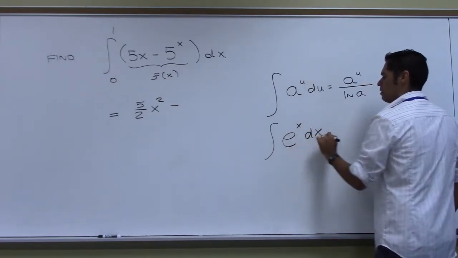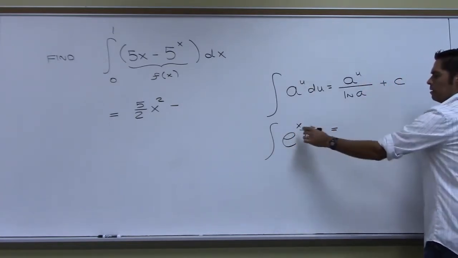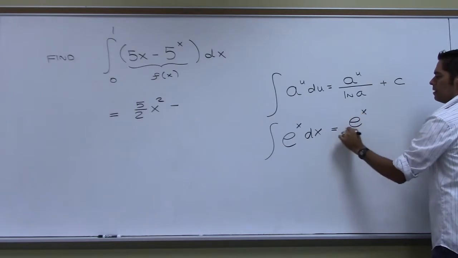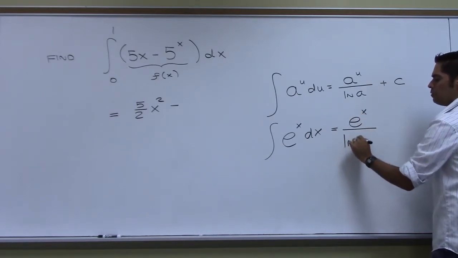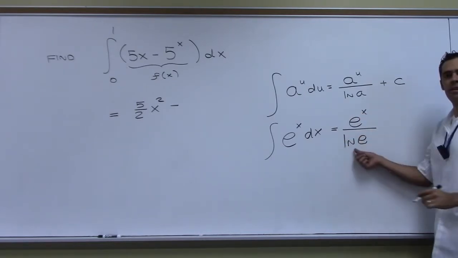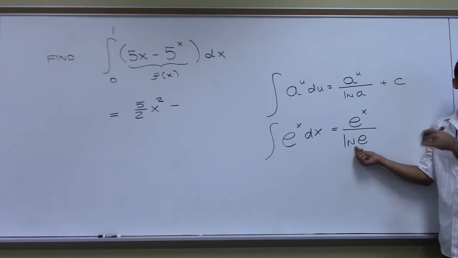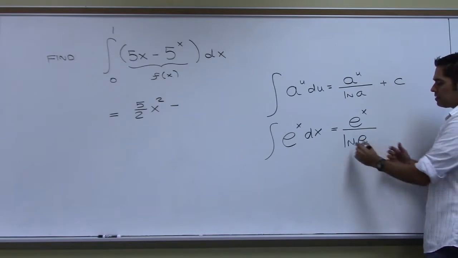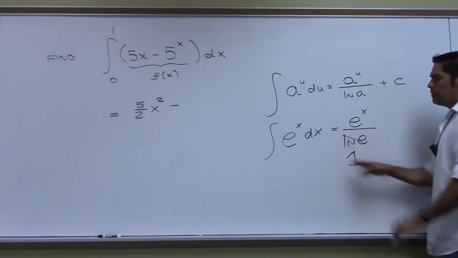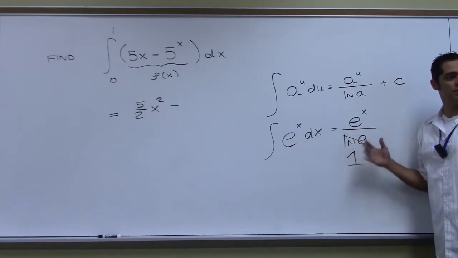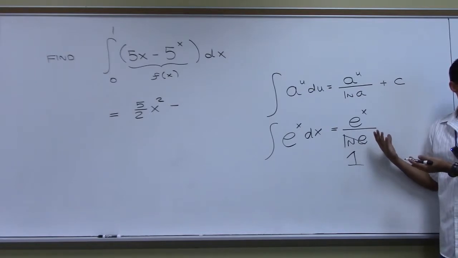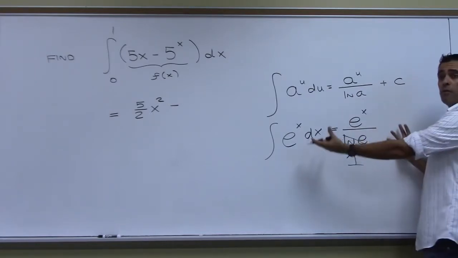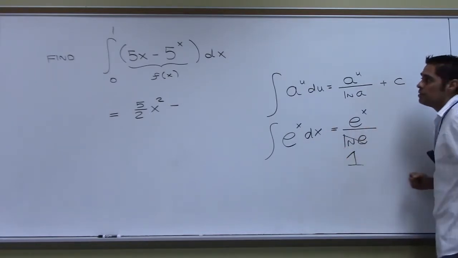No. Well, you would have this, and then you have natural log of what? E, but natural log of e is 1. So this formula actually works for all exponential functions. In the special case that the base is e, then this formula just turns out to be e to the x, right? So this is a more general formula that you can use for all exponential functions.